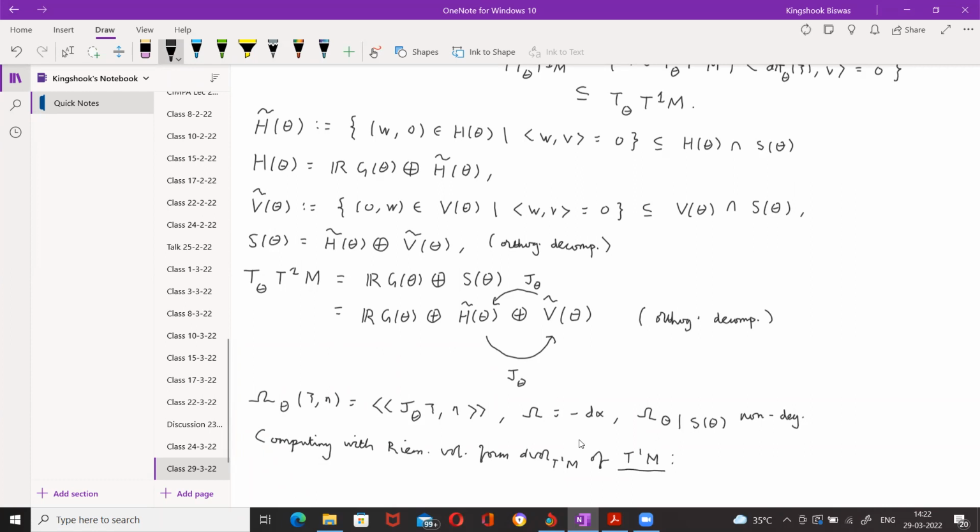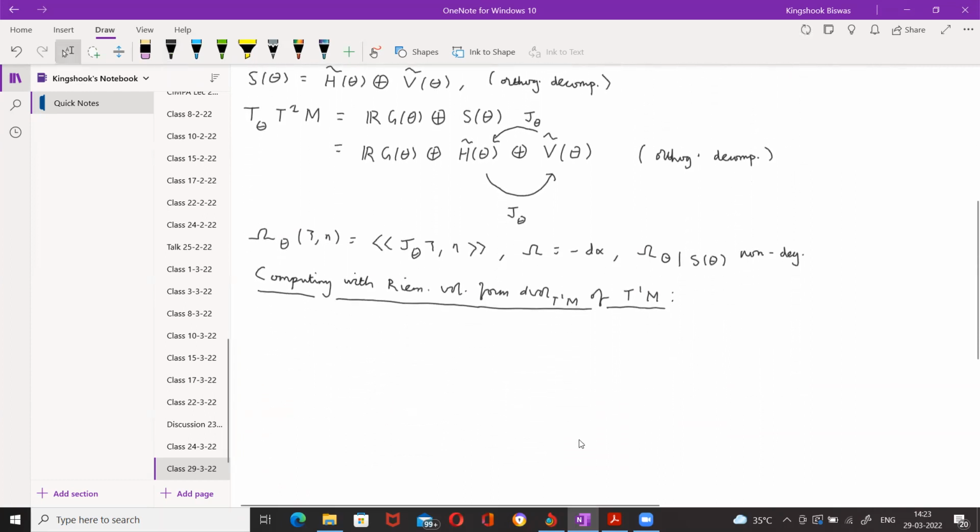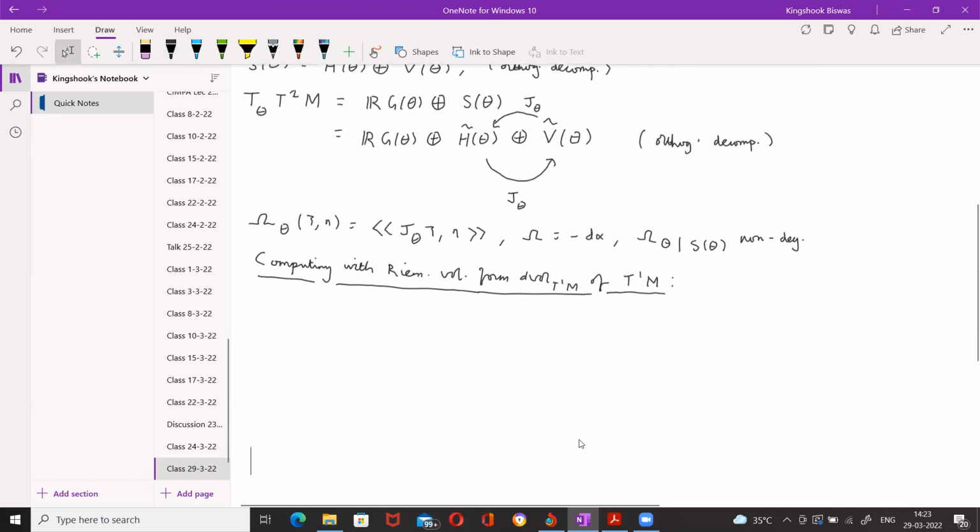How do we calculate integrals with respect to this Riemannian volume form? I want to say we can do this as an iterated integral. You integrate over the base, and then for each point in the base, you integrate over the fiber, which is the unit sphere, the unit tangent spheres. Okay. So how do we do this?